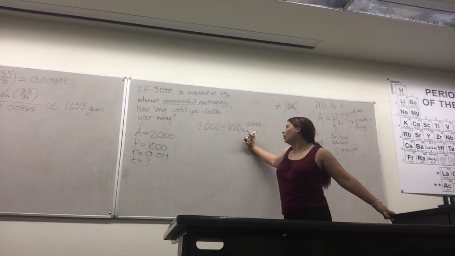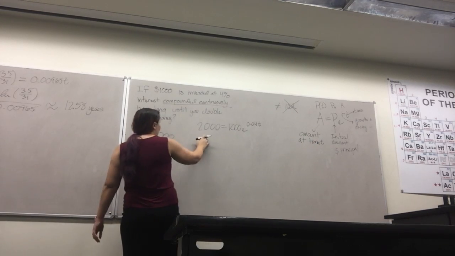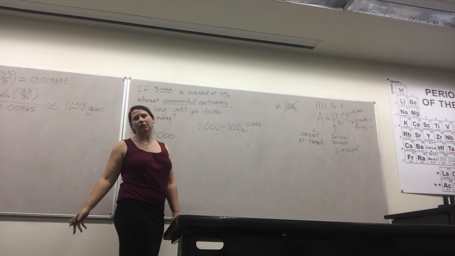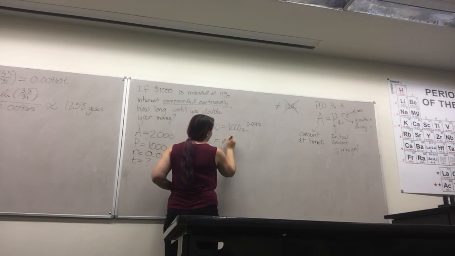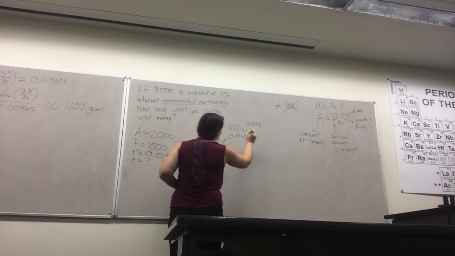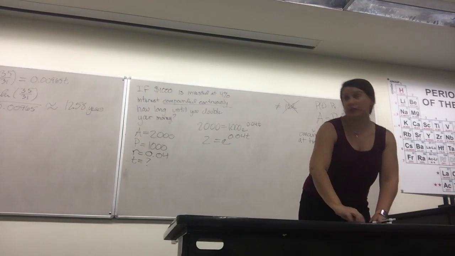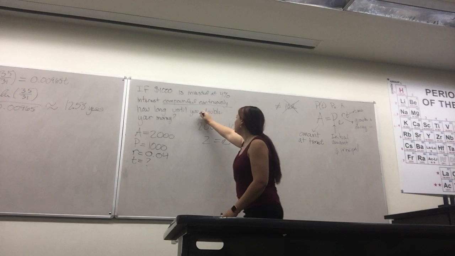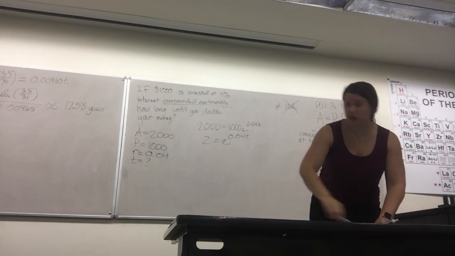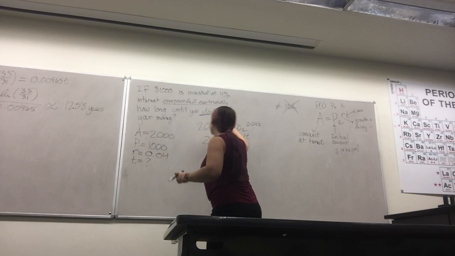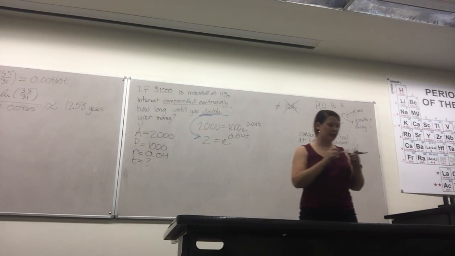So, always get e by itself first, right? So divide by 1,000. If I divide 2,000 by 1,000, what am I going to get? 2. 2 equals e to the 0.04t. Now I want to point something out, so much so I'm going to use a different color. If you double, okay, that failed. If you double, there we go, it will always equal that number.